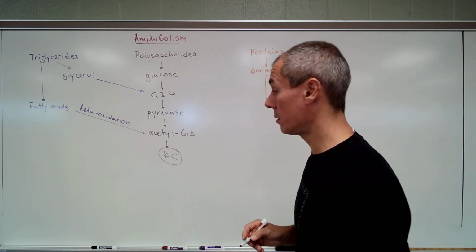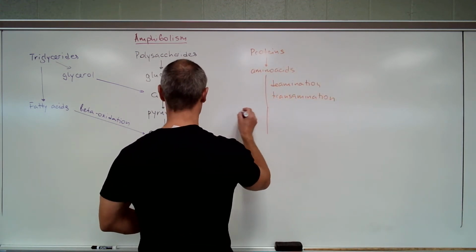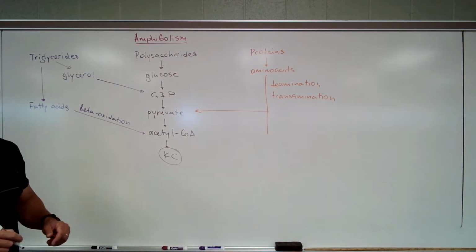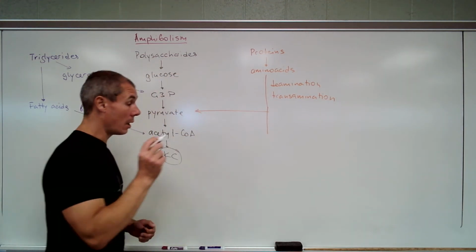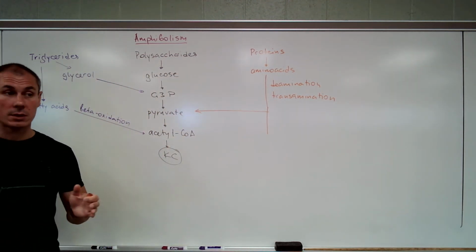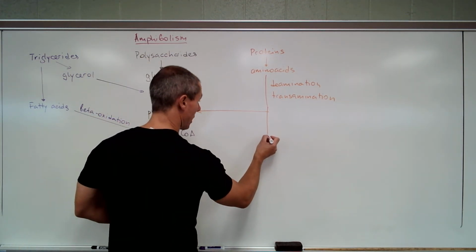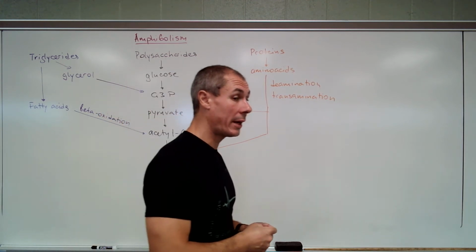Now the results of deamination and transamination are two main molecules. So one of them is pyruvate. Okay, and you can see where it goes. And this is the general knowledge that I want you to possess. The products of deamination and transamination can enter the Krebs cycle.